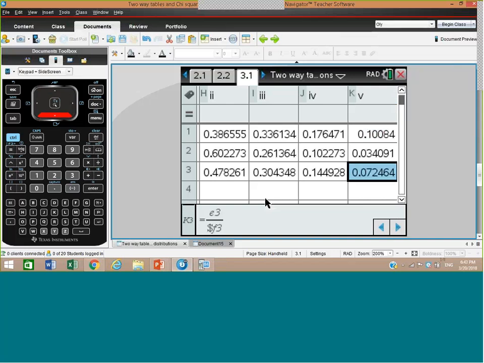So about 7% of people were diagnosed with schizophrenia in their 50s, whereas this one is a conditional probability. I think that would be the probability of being diagnosed in your 50s if you're female. I believe the second row is female. And then the top one here would be the probability of being diagnosed in your 50s if you're male.